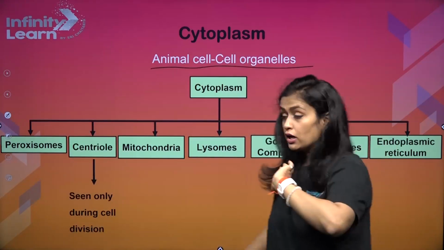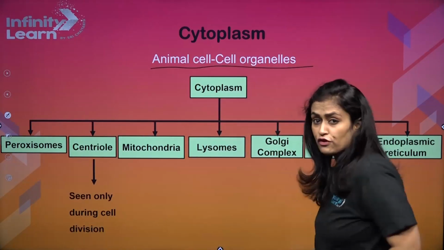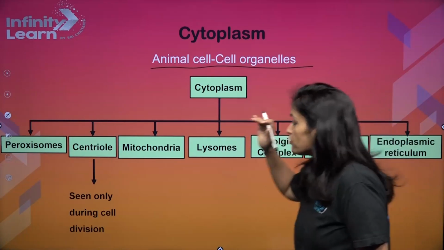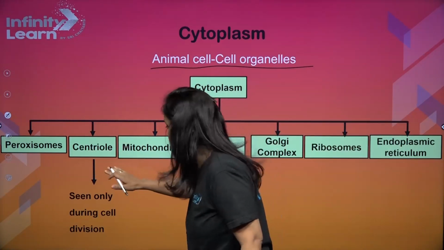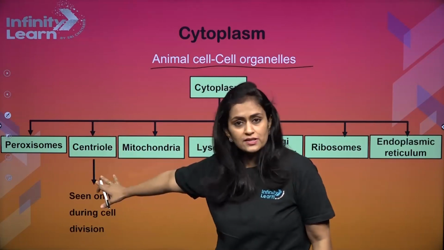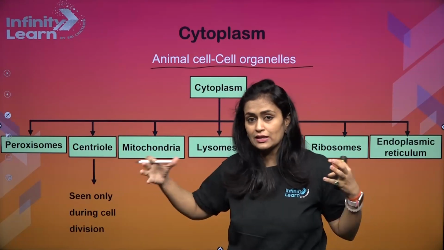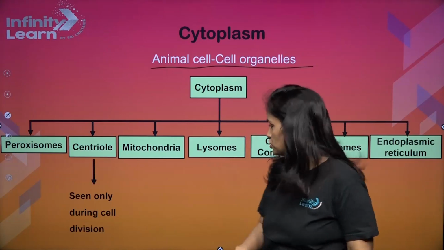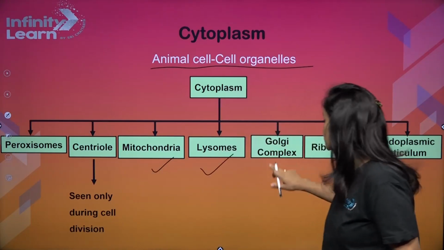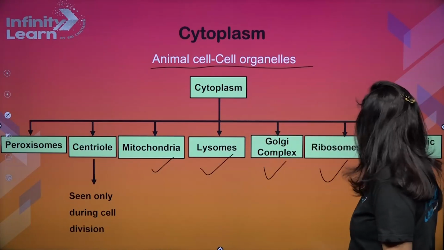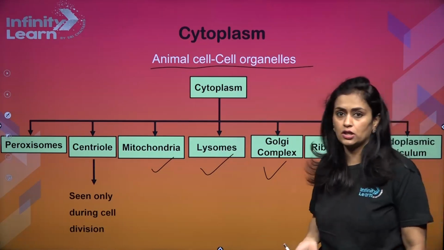We are going to discuss each and every organelle in future classes. We have peroxisomes, centrioles, which help in cell division and appear only at the time of cell division, mitochondria, lysosomes, Golgi complexes, ribosomes, endoplasmic reticulum.